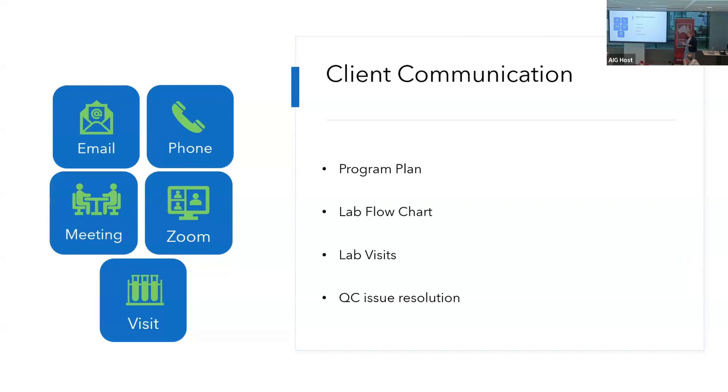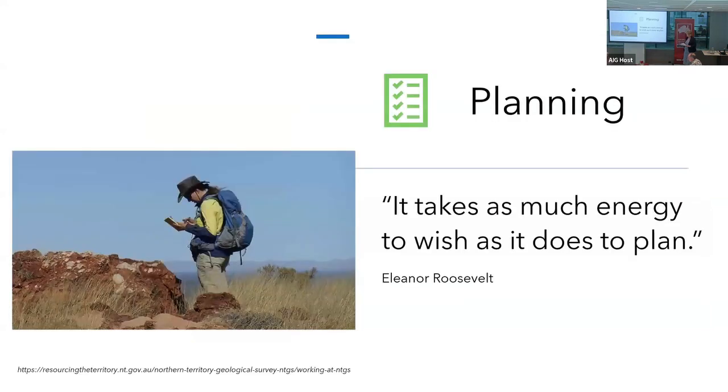Use visits to build relationships and increase knowledge, and commit to timely and respectful QC issue resolution. A variety of communication channels can be used depending on needs, logistics and issues. It takes as much energy to wish as it does to plan. And we've already heard a lot about the importance of planning earlier today.